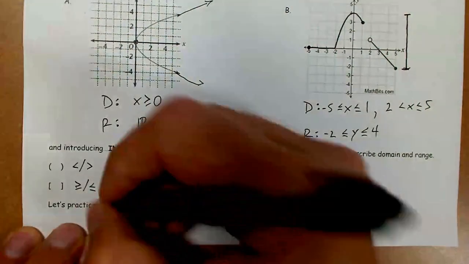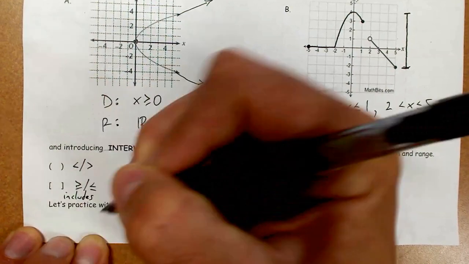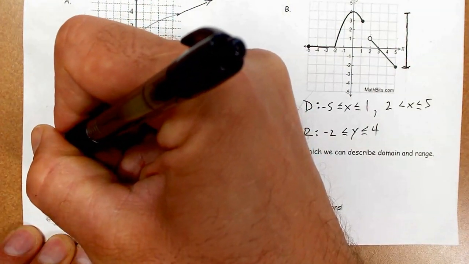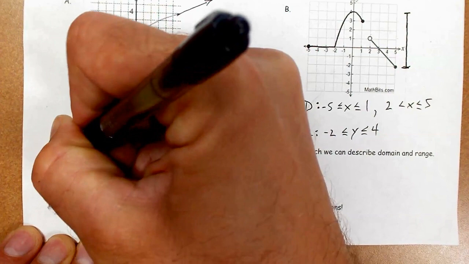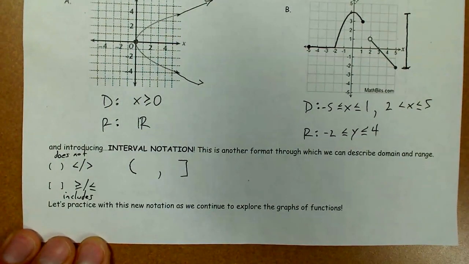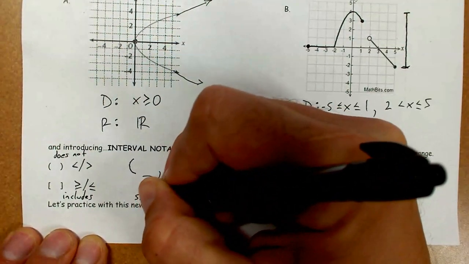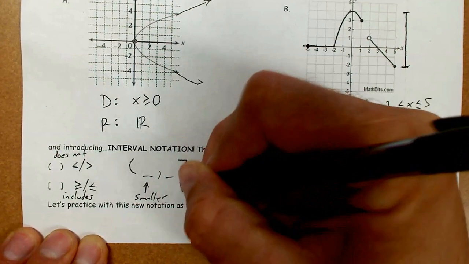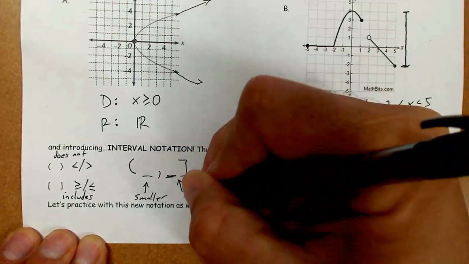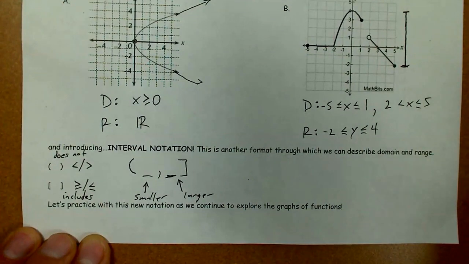So basically if it's a bracket, it includes the number. If it's a parentheses, it does not include that number. Second part of this is the smaller number always goes first and the larger number always goes second.